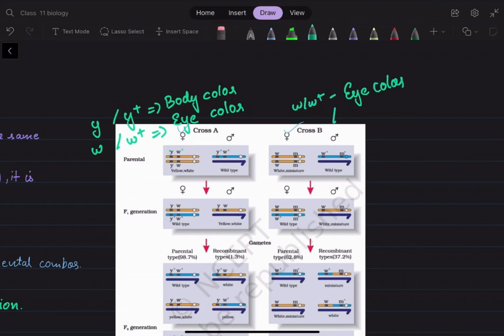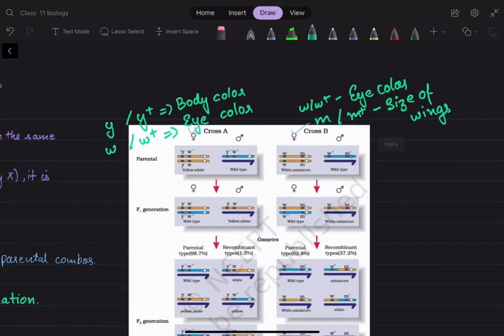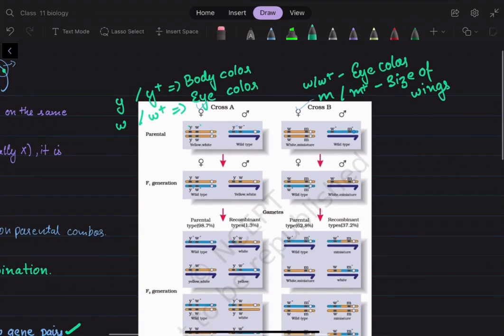And we have a new character, that is the size of the wings. M plus means huge wings, whereas M means miniature wings. There were two crosses performed considering these characters.